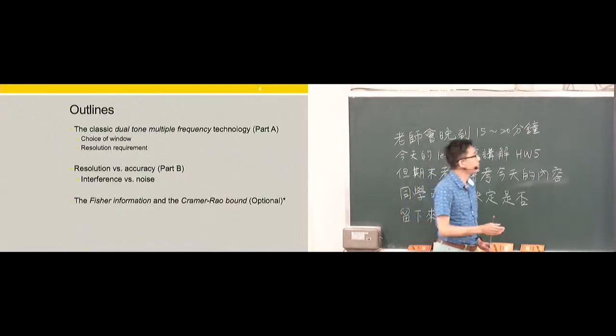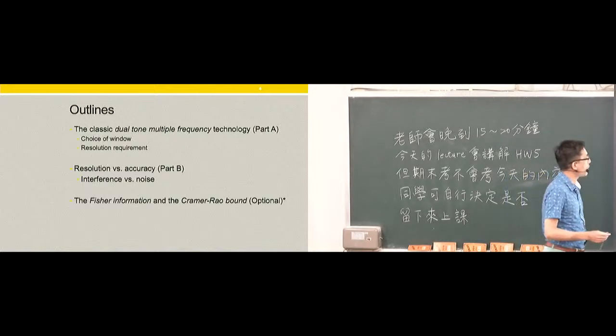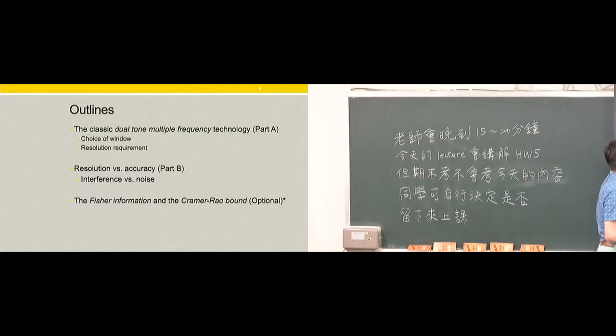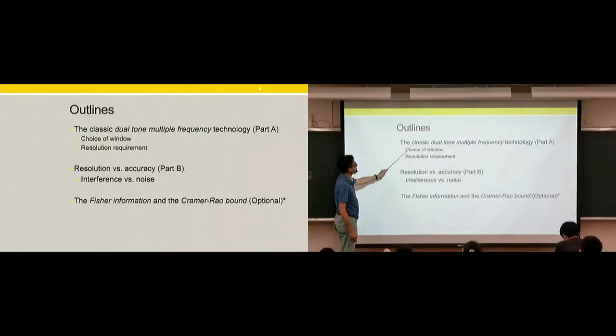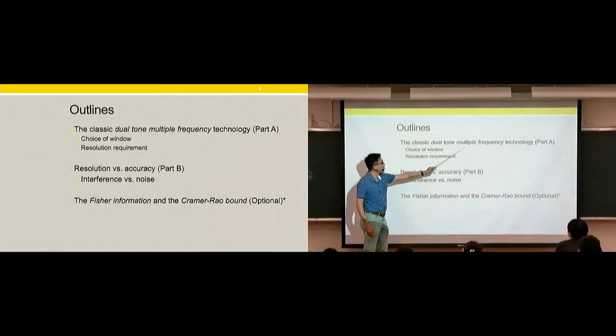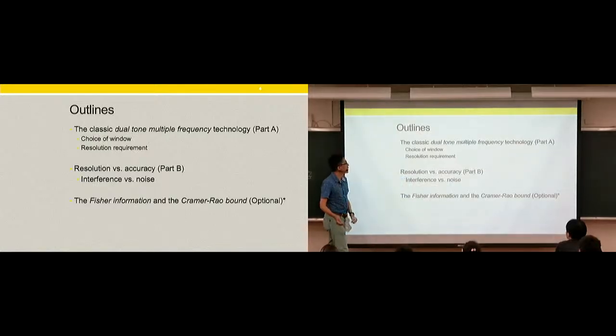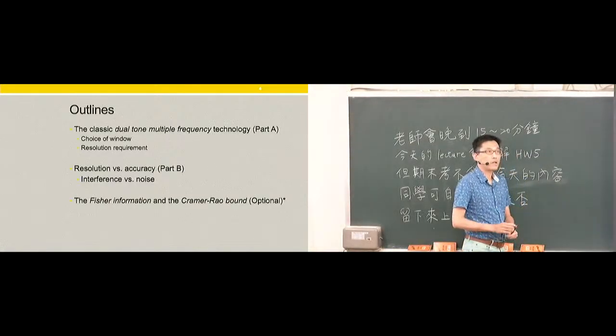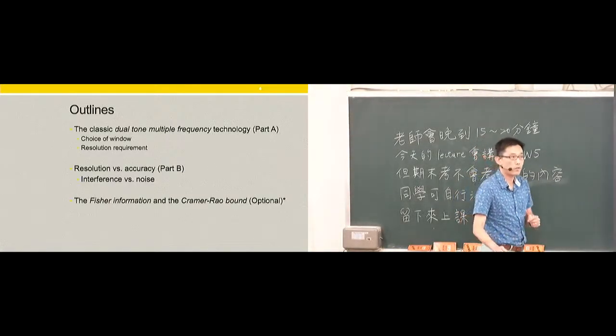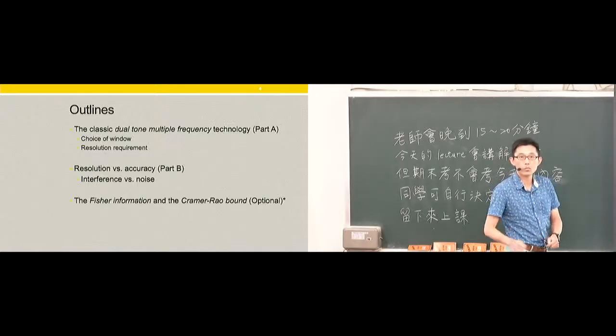Okay, so in this lecture, I would like to cover in more detail this classic dual-tone multiple frequency technology. That's the name, dual-tone multiple frequency technology. And imagine that now if you are somewhere in the path of transmission and you need to decode the phone number in order to route the communication, routing, right?